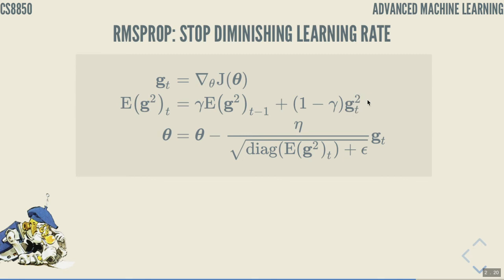instead of simply accumulating all of the squares of the gradient as we did in AdaGrad, what we do is a running window average.